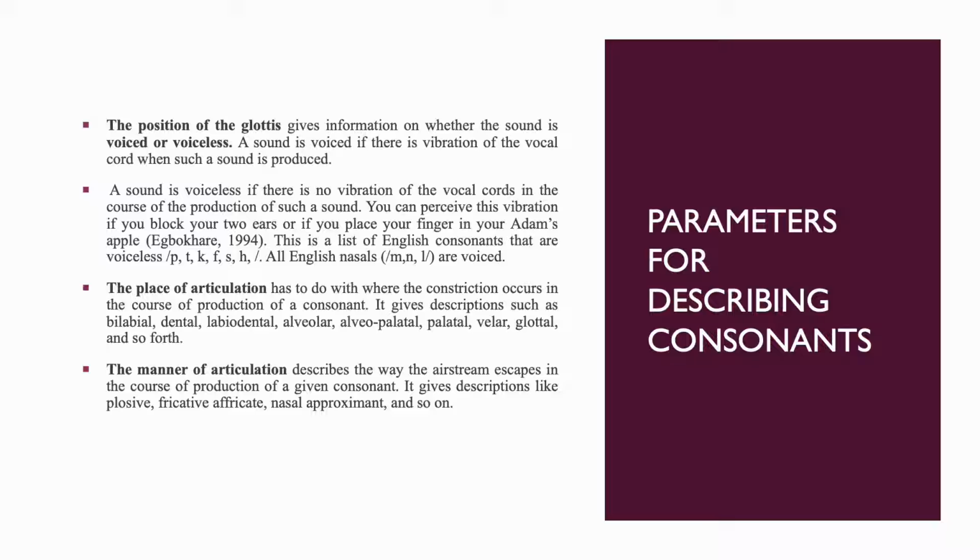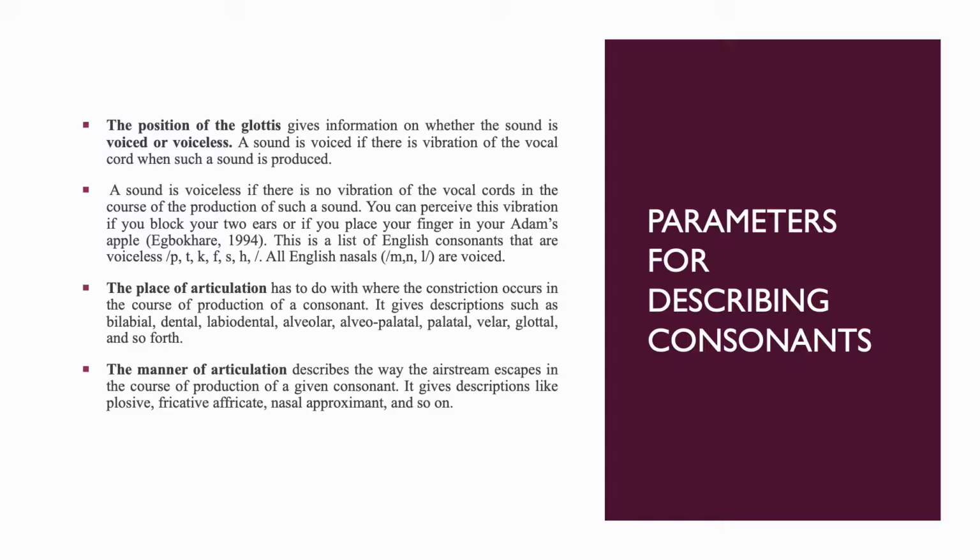Now, the place of articulation has to do with where the constriction occurs in the course of production of a consonant. It gives descriptions such as bilabial. Bilabial, if you have to use the two lips: labial, two, bi. So if a sound is bilabial, it means it involves the two lips.